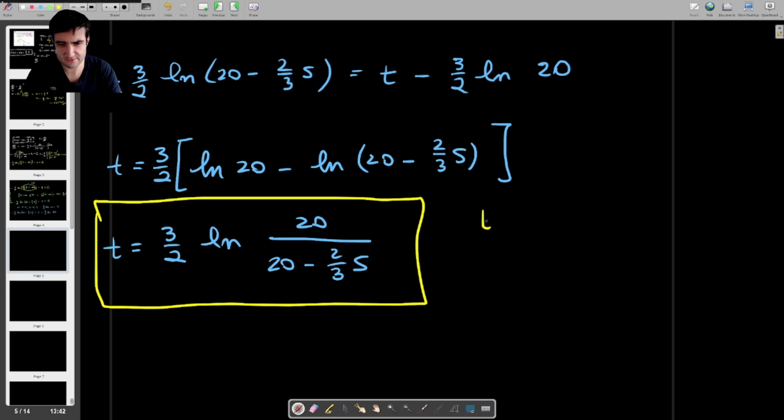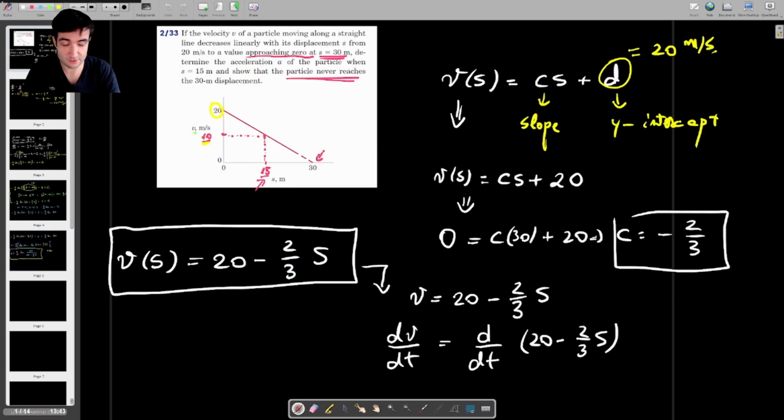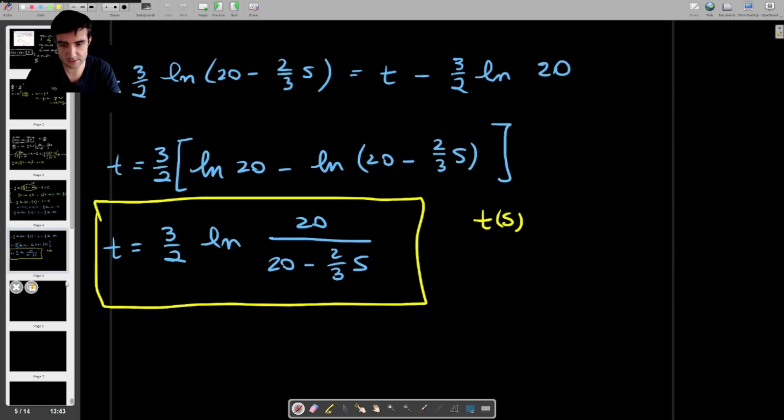So this is a function of time with respect to displacement, because the problem is asking us to show that the particle never reaches this 30-meter displacement. So let's see what happens if we sub in the value of s equals 30. Because this should give us the time until the particle reaches 30 meters.